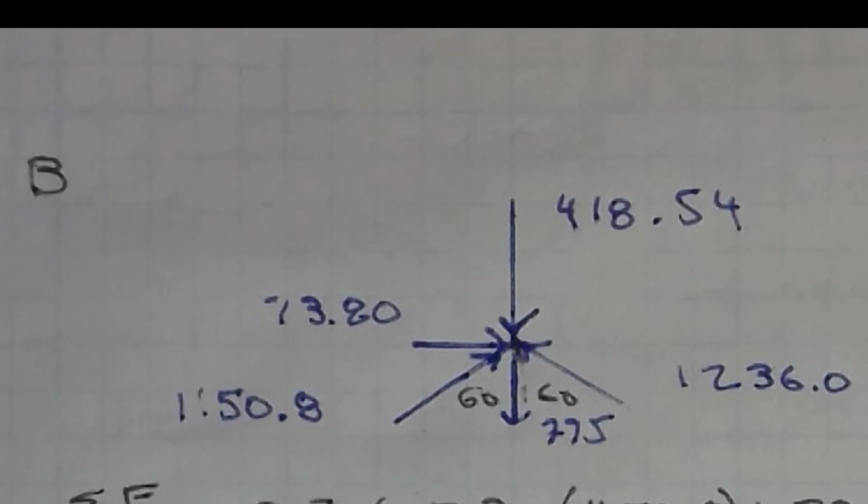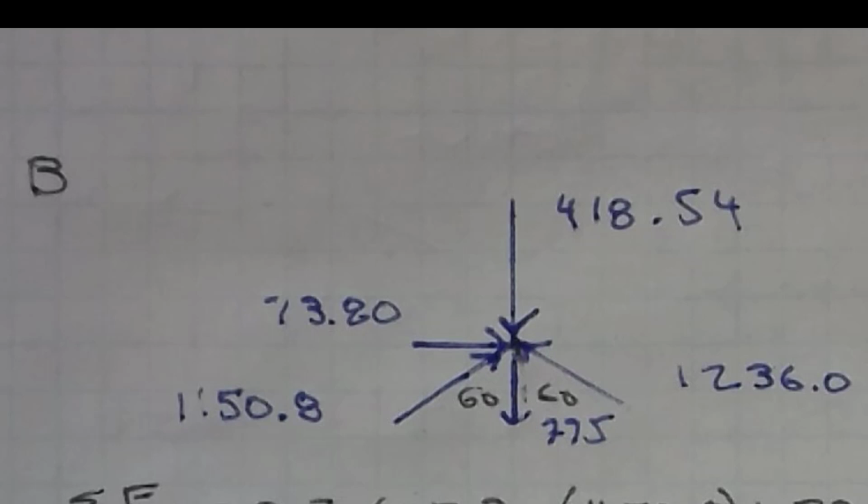Then I'm going to add the forces BD, BC, and BA, and we know those values. I'm going to write them in there. So BA is in compression, BC is in tension, and BD is also in compression.